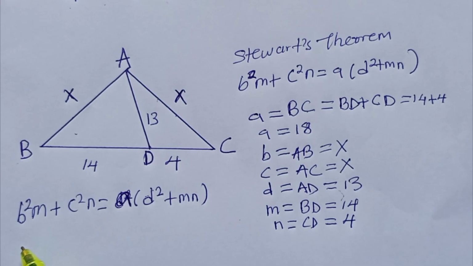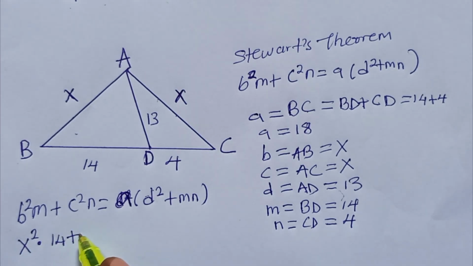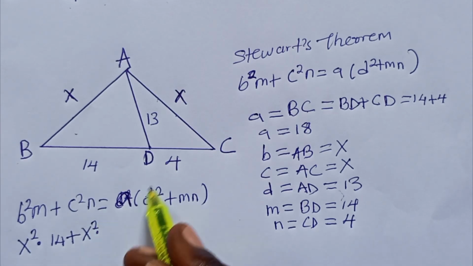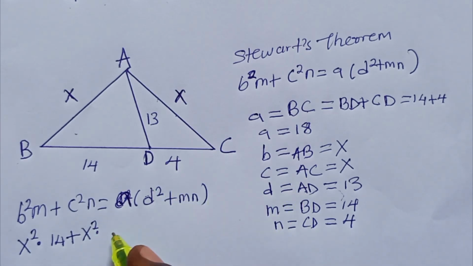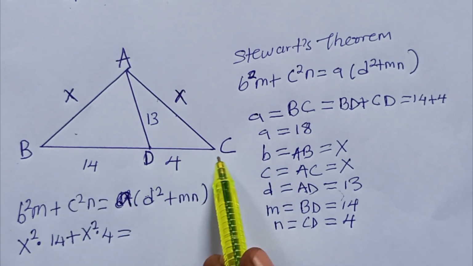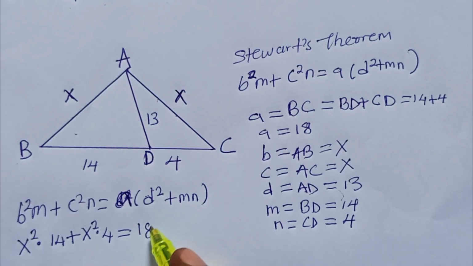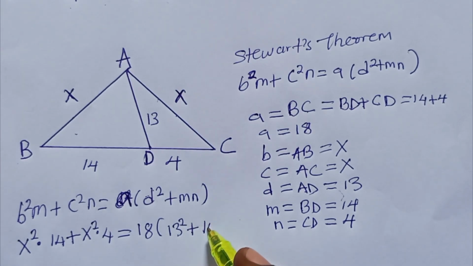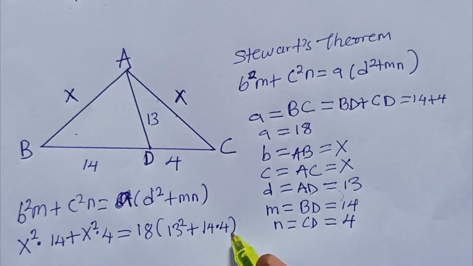Our b is x, so we have x squared times our m, which is 14, plus our c, which is x, so x squared times our n, which is 4, equals our a, 18, into our d, 13, squared, plus m times n, 14 times 4.